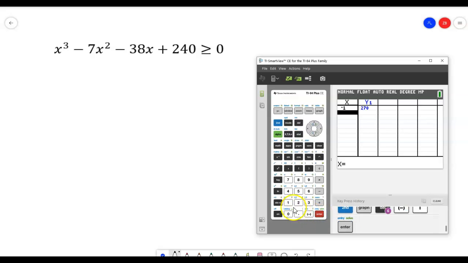So -1, nope, 1, -2, 2, no, -3, no, 3, how about -4, 4, -5, 5, oh, I got a factor. Let me try a couple more. -6, just to see if I get lucky. Oh, look at that. And let's try 10 and -10.